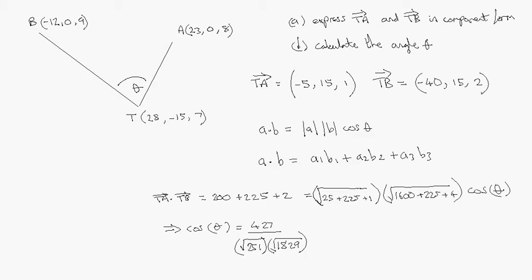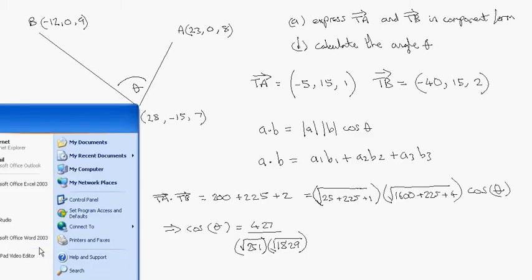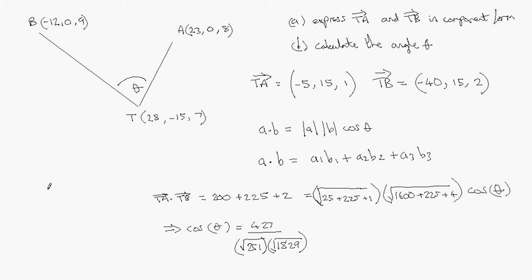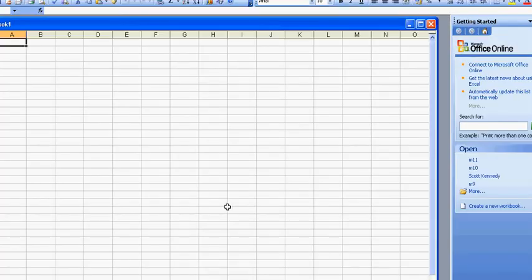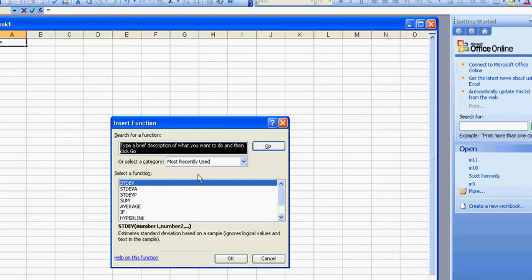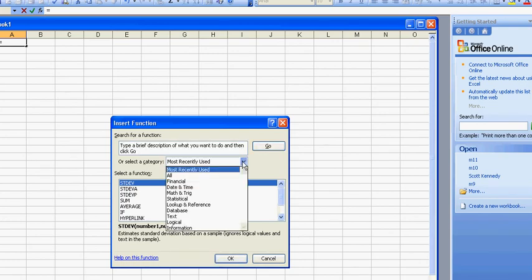So we can work that out in Excel. So we want the inverse cosine, if we can find that.